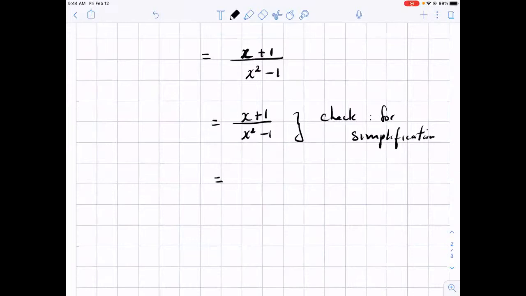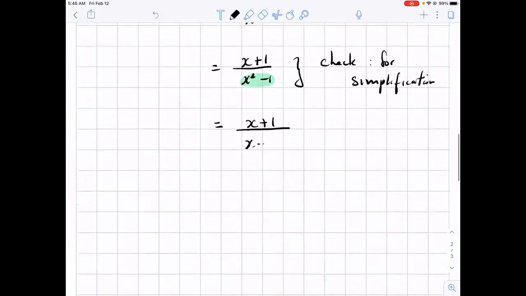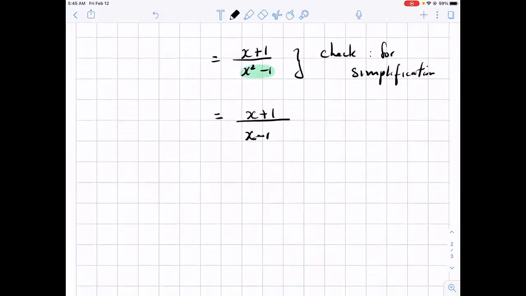So if we do this, you will notice that this denominator here is a difference of squares. So we have x plus 1 divided by x minus 1 times x plus 1. And then you will see that this will cancel with that.